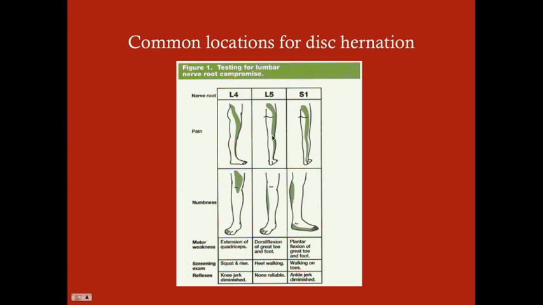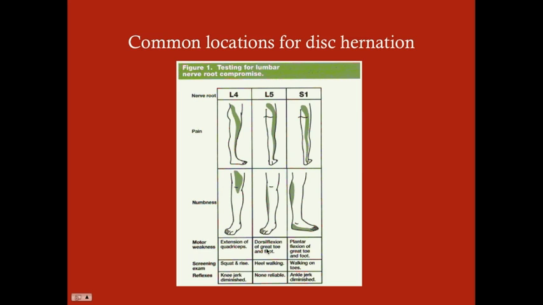L5, so the L5-S1 disc. In this case, you would have a very similar distribution of pain, just because it's affecting roots going to the sciatic nerve. So you'll have pain down the posterior leg and lateral leg, and numbness down the lateral leg.